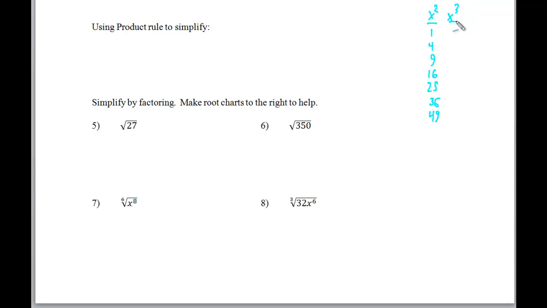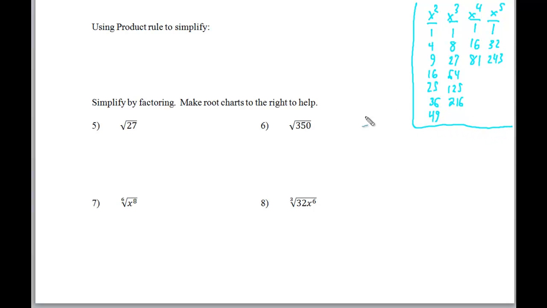X cubed would be 1, 8, 27, 64, 125, 216, and you won't have to go too far for x to the 4th power because you're not going to see a lot of these come up, and if you do, that would really surprise me. And x to the 5th is just as short because you're just not going to do a lot in these charts right here.